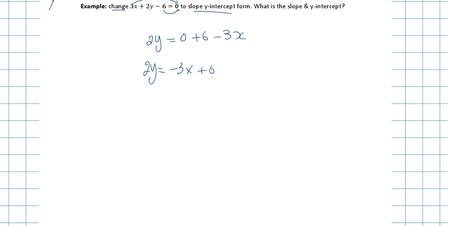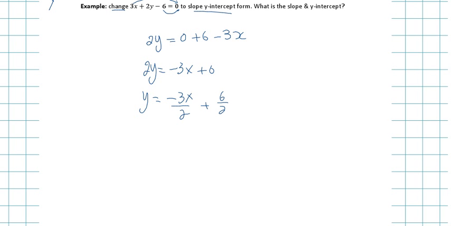So that means I have to divide everything by 2. Always ask yourself, what kind of operation do I have? When you're moving things around, ask yourself that question. There is a reason why I'm standing here and I'm asking you this question over and over again. You need to ask it to yourself.